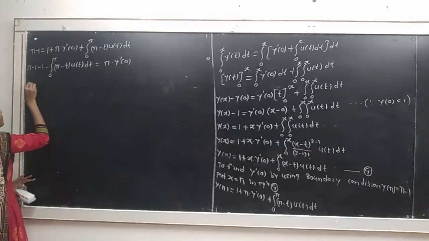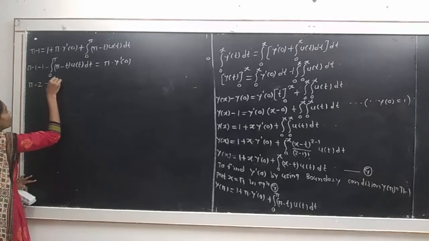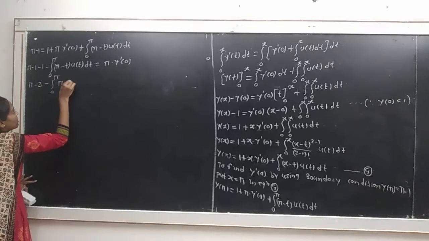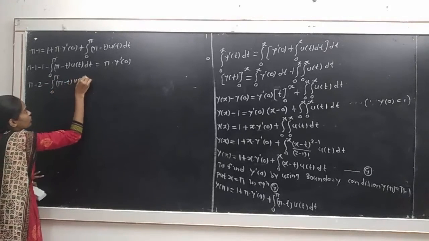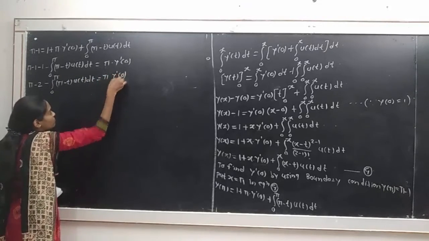Then we get here pi minus 2 minus integration from 0 to pi of (pi minus t) into u of t dt is equal to pi into y dash of 0.